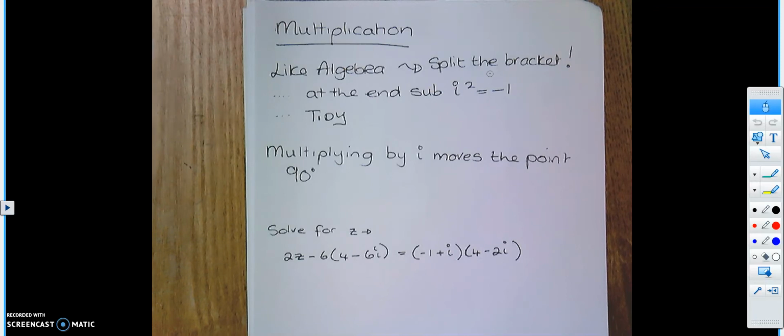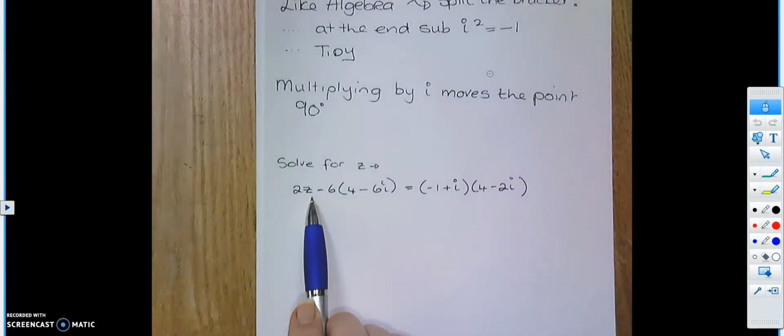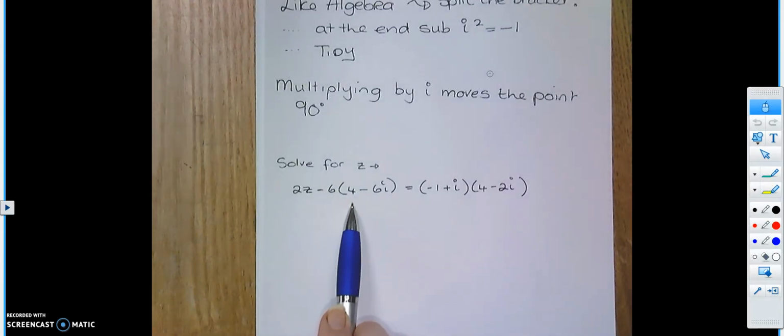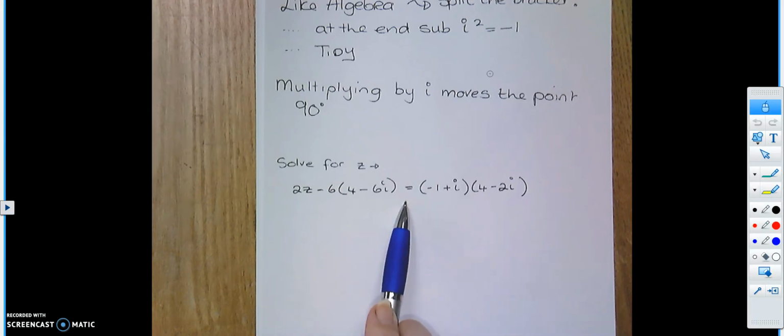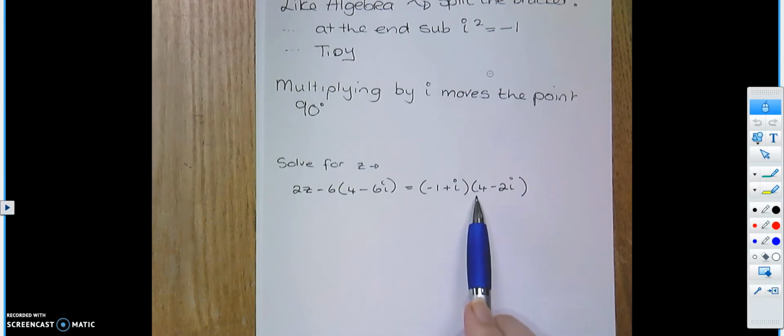So if a sum had asked you to solve for z, right, and they had given you this: 2z - 6(4 - 6i) = (-1 + i)(4 - 2i).